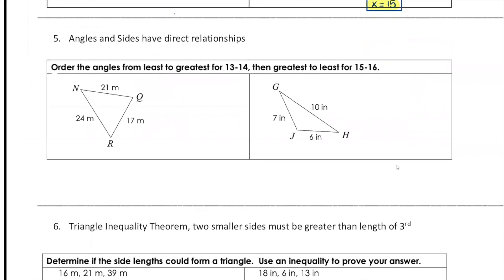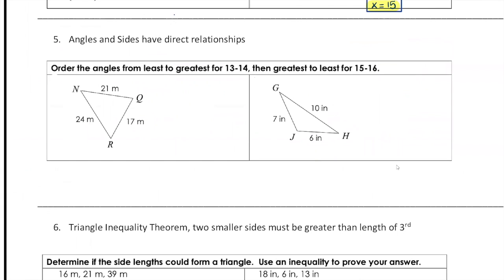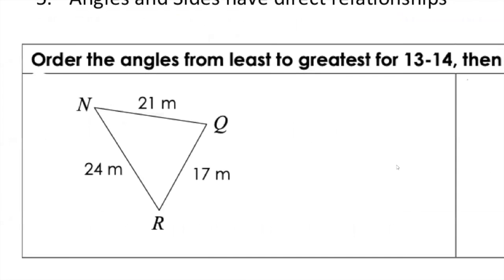Angle side relationships. We want to order them from least to greatest. Remember, our angles and our sides have direct relationships. So the smallest angle will be opposite the smallest side, largest angle opposite the largest side. So what's our smallest side? QR.